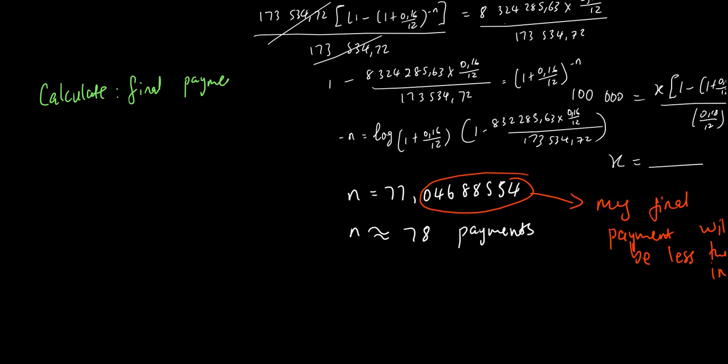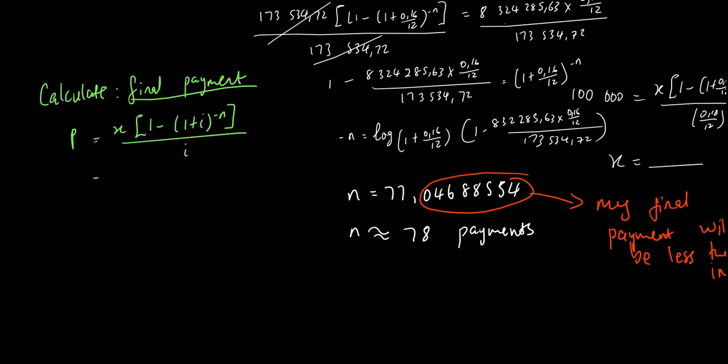To get the final payment, you're going to calculate the outstanding balance after 77 payments. The part after the comma indicates the fraction of a month left to settle the loan. So you say P equals X times 1 minus 1 plus i to the power negative n, all over i.